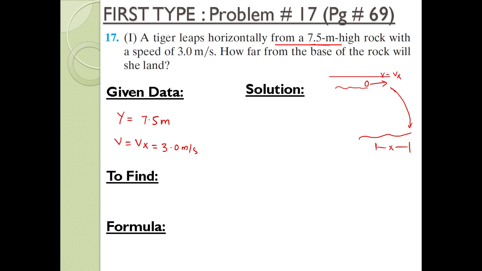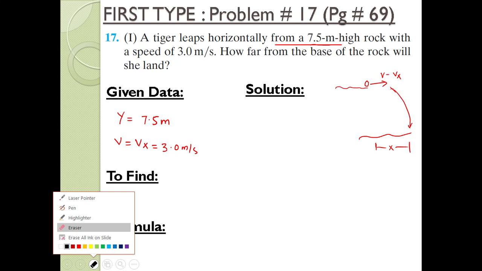So for finding x, I will use the first equation, x is equal to Vx times t. But understand one thing, that I don't have t, so I need to find it.